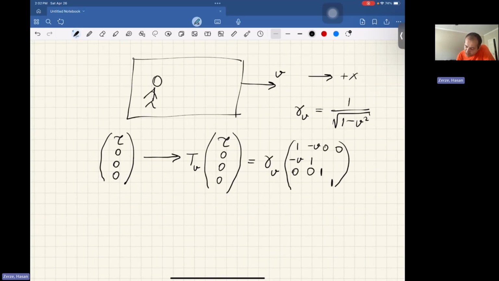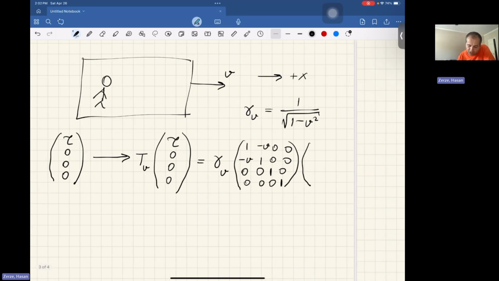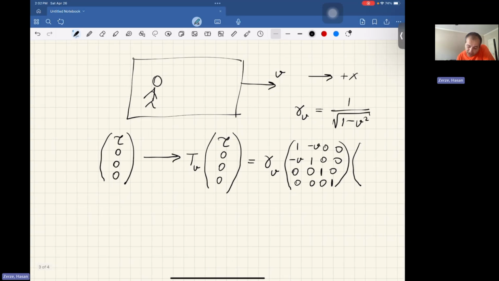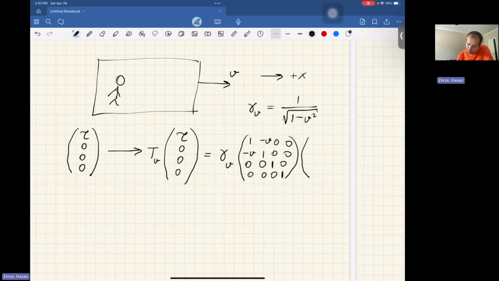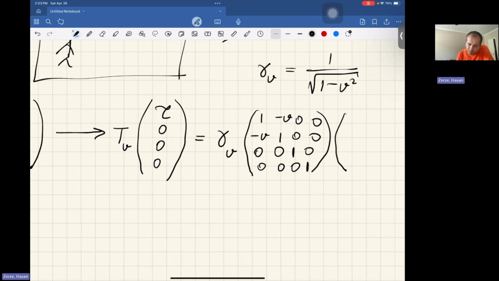The transformation does nothing to the y and z directions; it's just the identity matrix there.